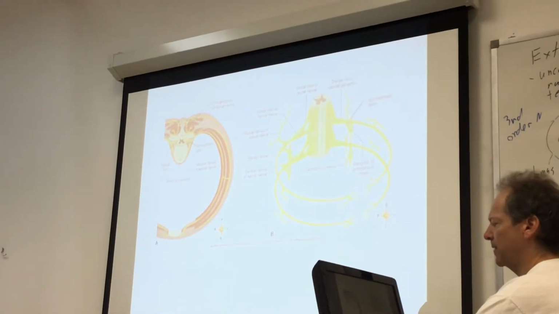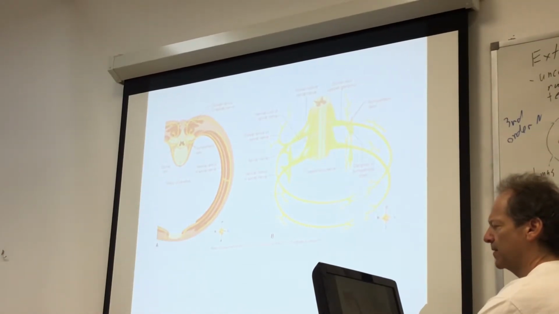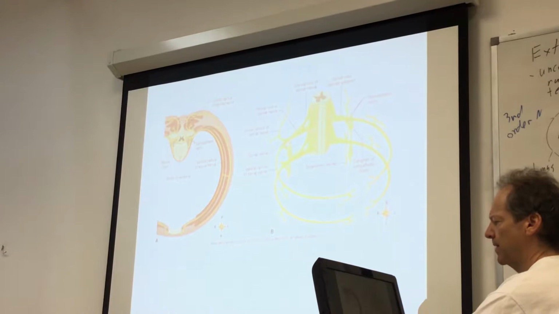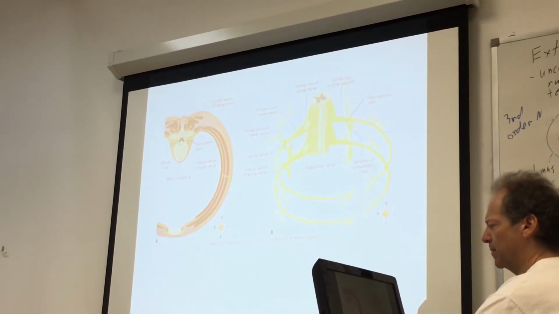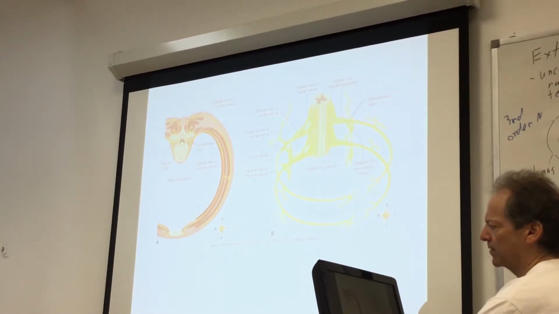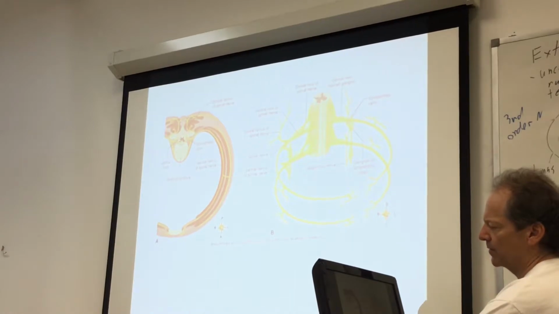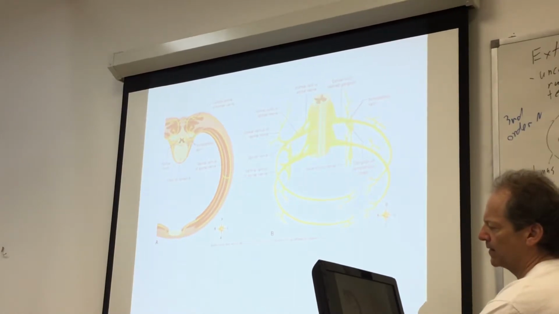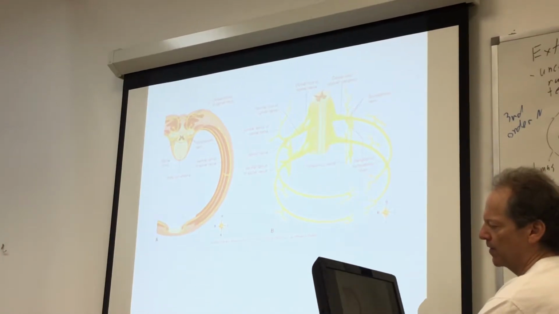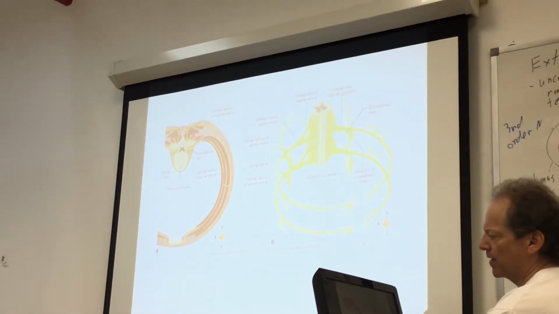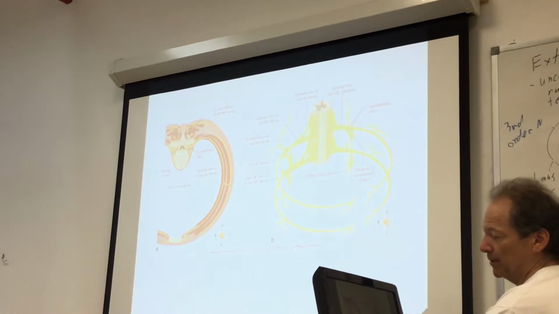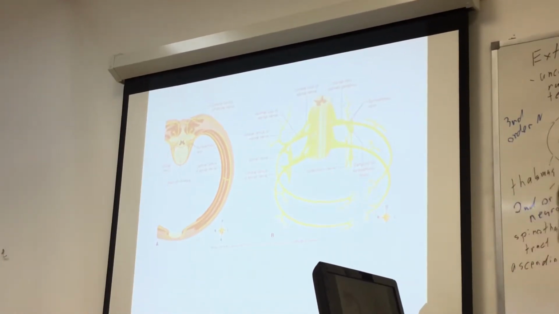So there's the dorsal root in the back, there's the ventral root, there's the spinal nerve, there's the anterior ramus, and there's the posterior ramus. And here it is over here too. So there's your spinal cord, and there is your anterior ramus going to the body, but that's also going to be for the arms and the legs. And there's your posterior ramus going up through the multifidus and rotatores and finally erector spinae.